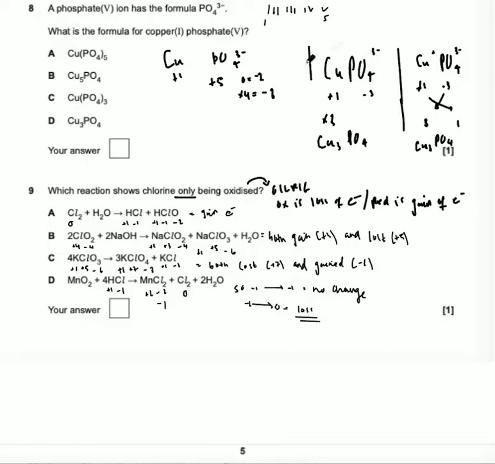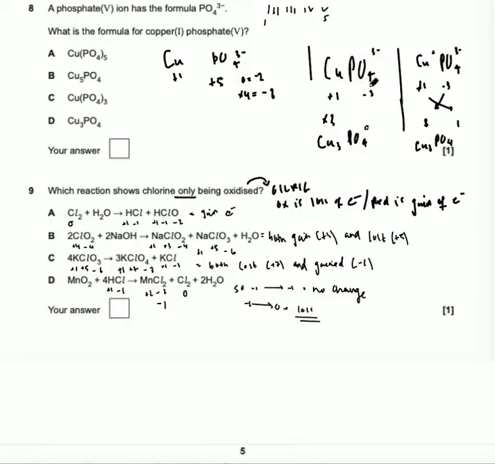So if we come over here, we can see that copper is +1, and phosphate is -3. So in order to make this 0, we need to have the charge of 0. We're going to have 3 lots of coppers, because that will now make the overall charge 0.